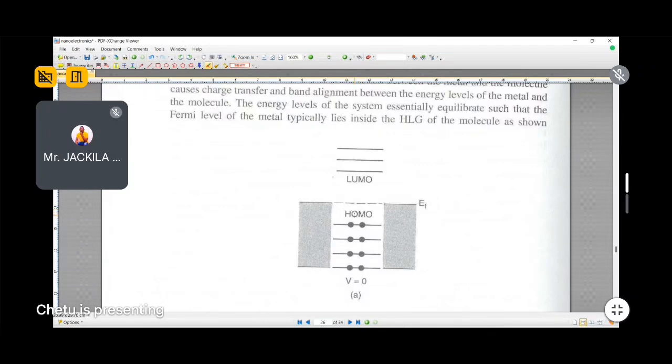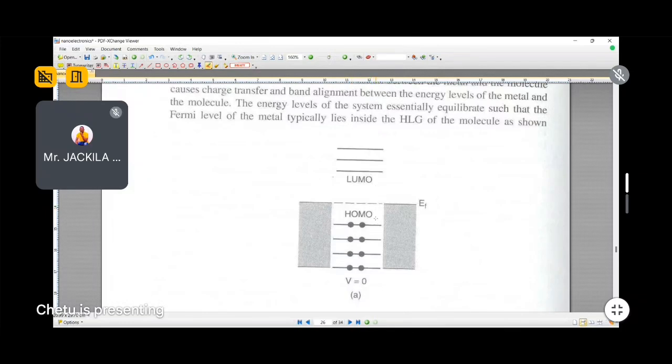And using this, the valence band is replaced by the highest occupied molecular orbitals, HOMO, and there is a band gap, and then you have the LUMO, lowest unoccupied molecular orbitals. So these are the orbitals which are not occupied.